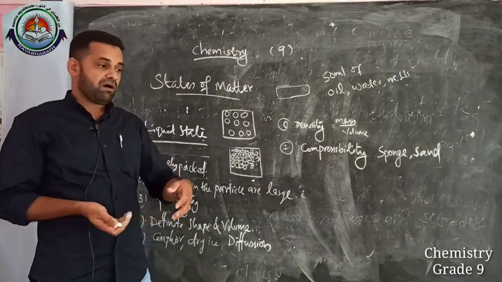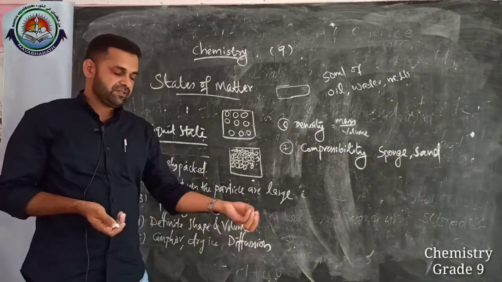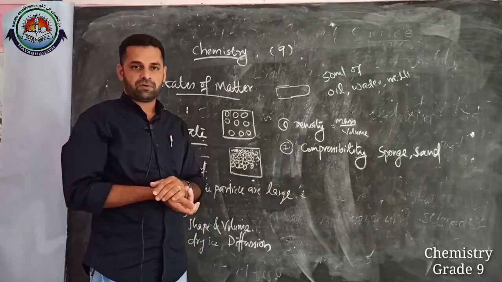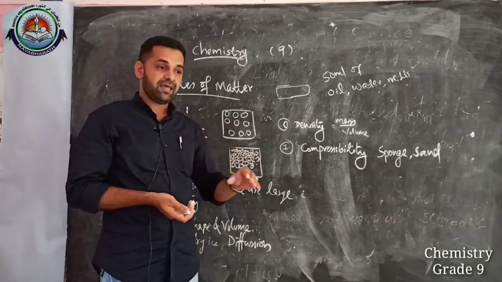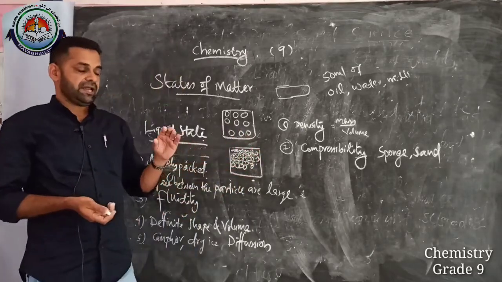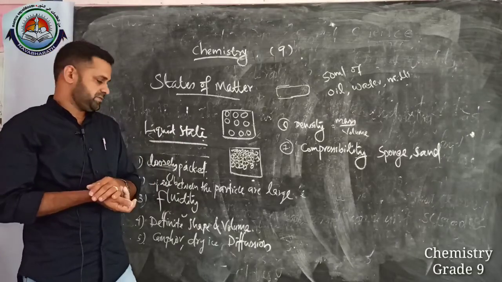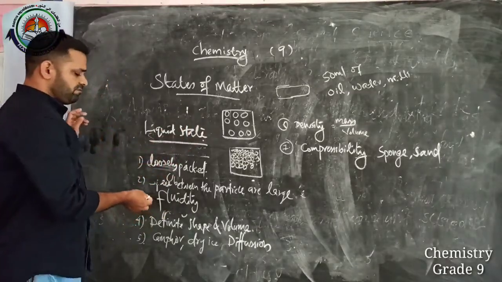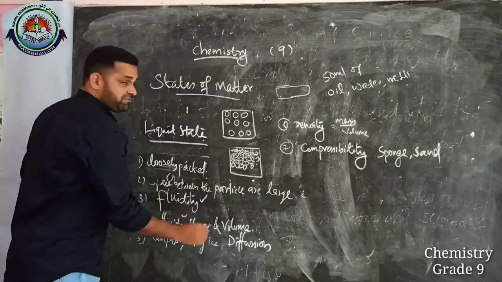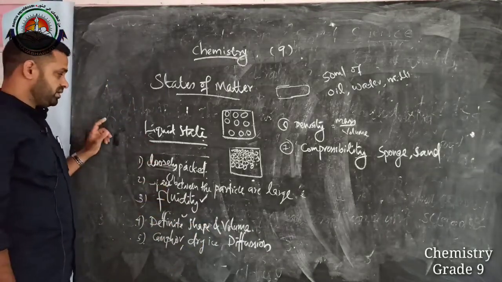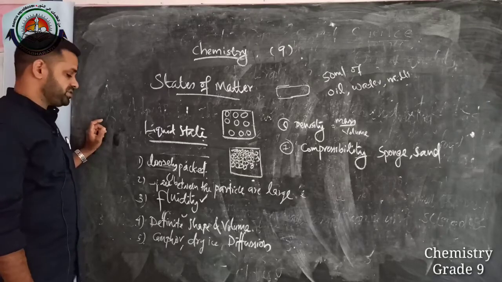After spilling, do they flow? Yes, they will flow through the floor, isn't it? They have an ability to flow, that is called fluidity. So liquids show fluidity instead of rigidity. Rigidity is in the case of solids, and in the liquid state they show fluidity.